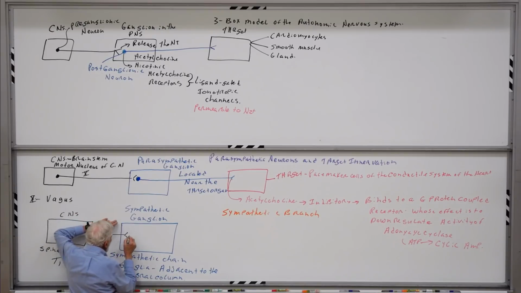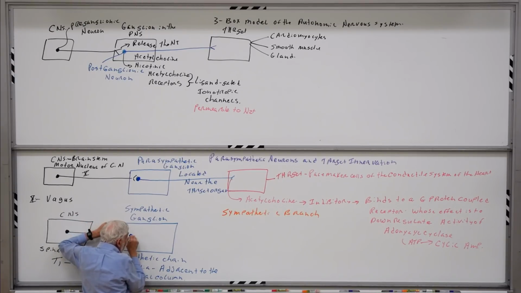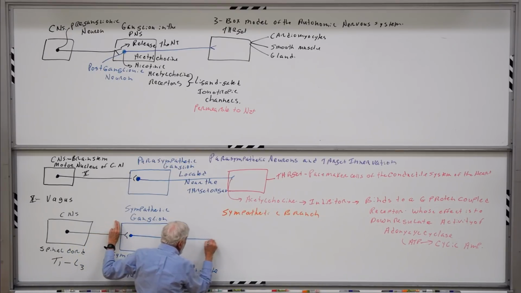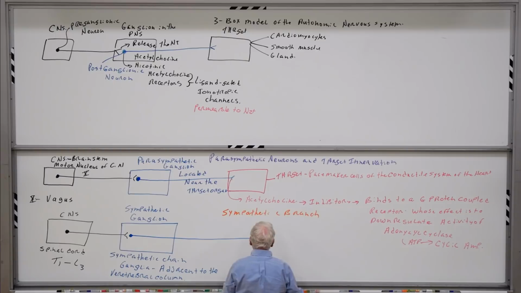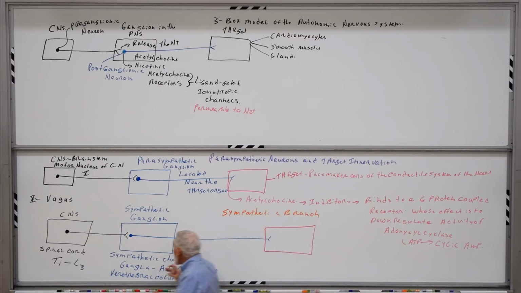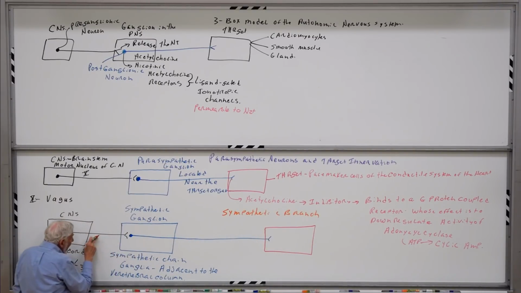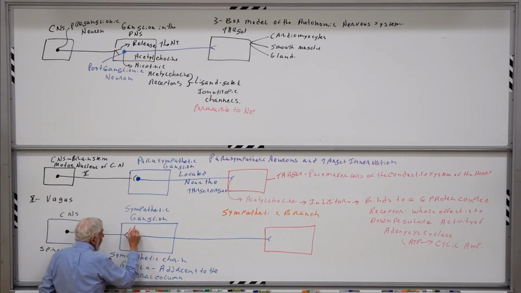As before, there's a second order neuron. Then this now sends a great long process out normally that goes all the way to the target. Again, the pattern is the same. Preganglionic to postganglionic, the neurotransmitter is acetylcholine.